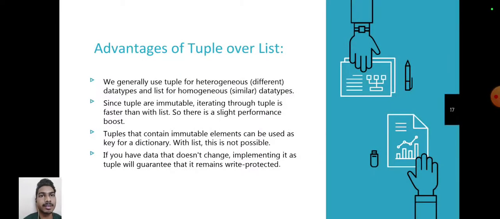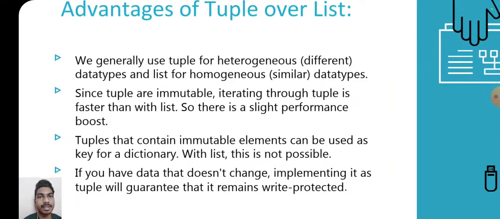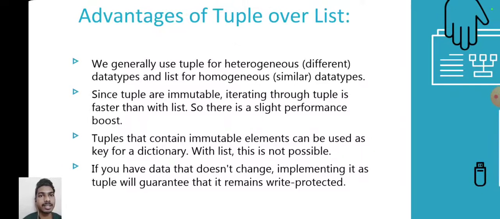Now let's see what the advantages of the tuple over the list are. We generally use tuple for heterogeneous data types and list for homogeneous data types. Heterogeneous means different and homogeneous means similar. Since tuples are immutable, iterating through a tuple is faster than with a list.